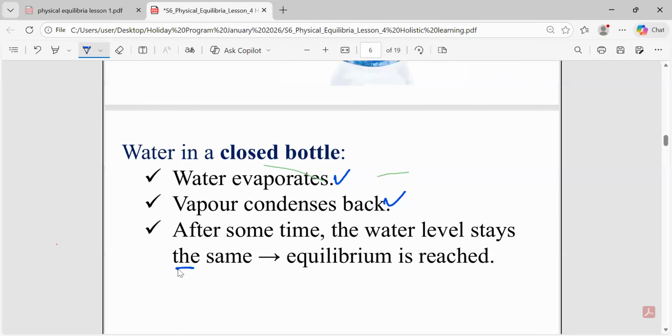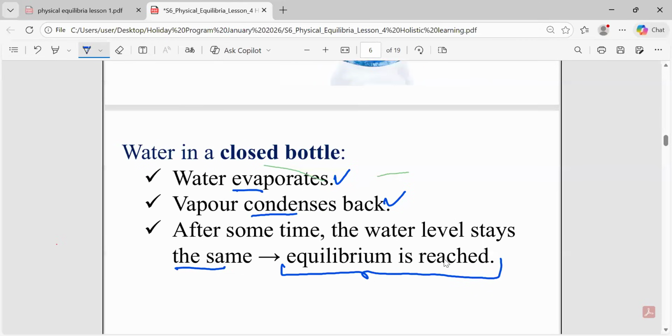The equilibrium is reached. At that point, evaporation is taking place at the same time as condensation: what has evaporated condenses back. So after some time the water level stays the same, and here we say that equilibrium has been reached.